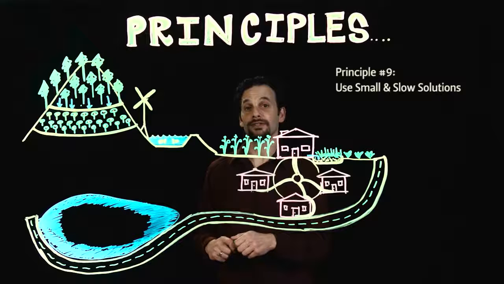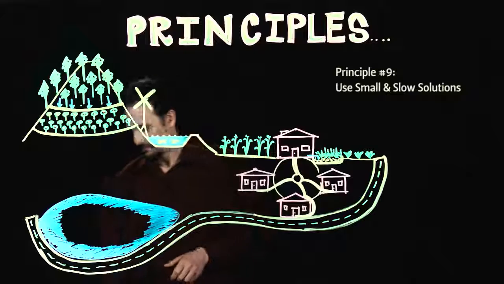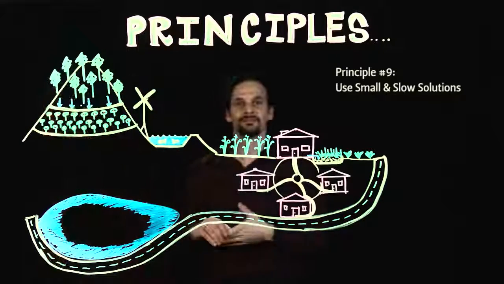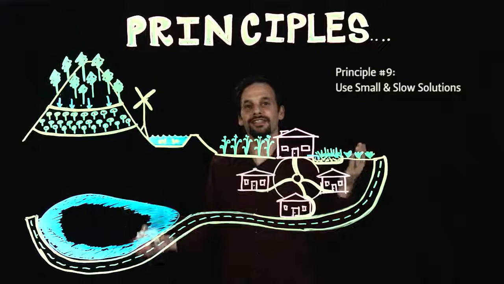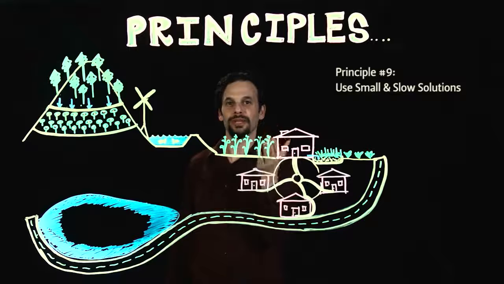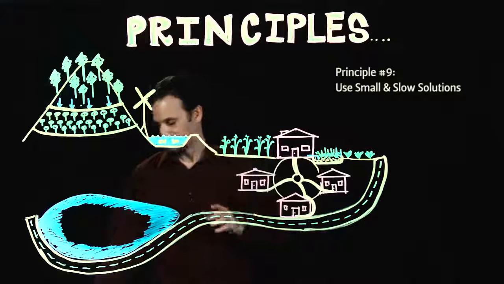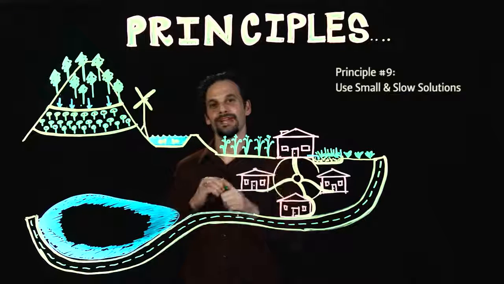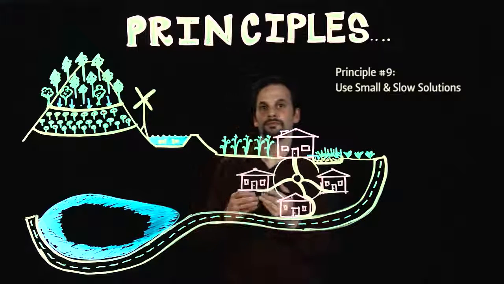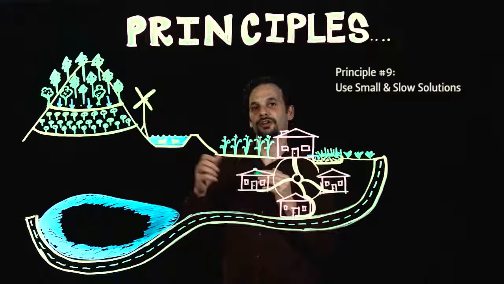Principle 9 is use small and slow solutions. I've gone ahead and harvested some of the trees on the forest edge to use for fence posts and replace them with nut trees that will start bearing in about 10 to 12 years. And will then live for hundreds of years.